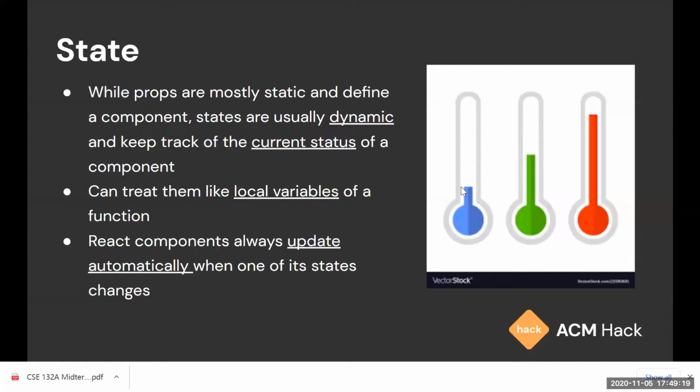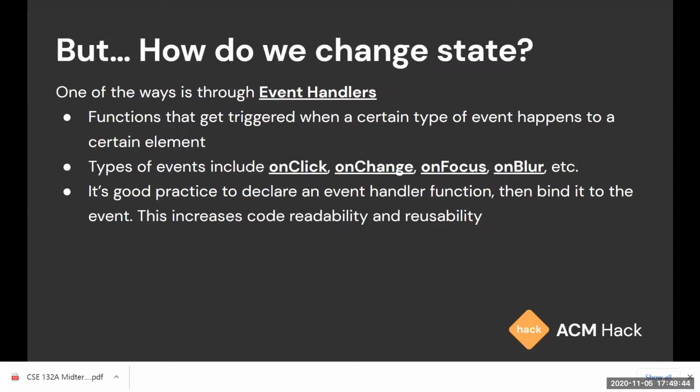The temperature does not define what the thermometer is, but it is the current state of it. We can also determine what color it is. For example, if the temperature is below 50 degrees, it's blue. If it's above 100 degrees, it's red. Anywhere in between, it's green. That's pretty cool. But how do we change state, right?